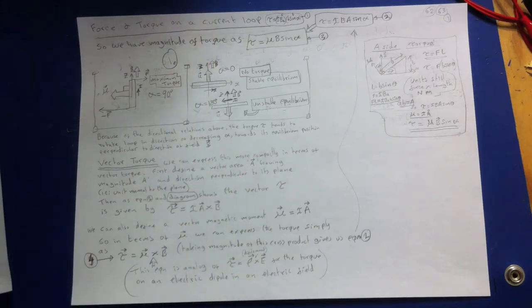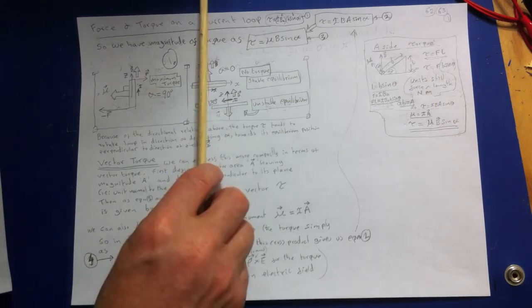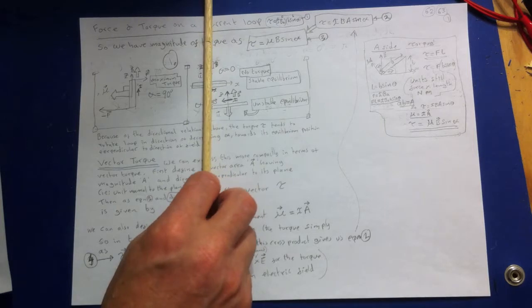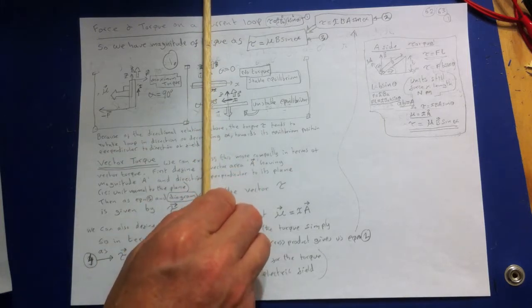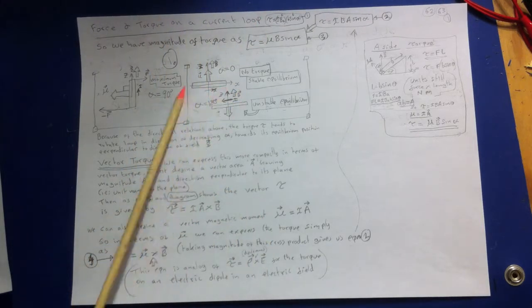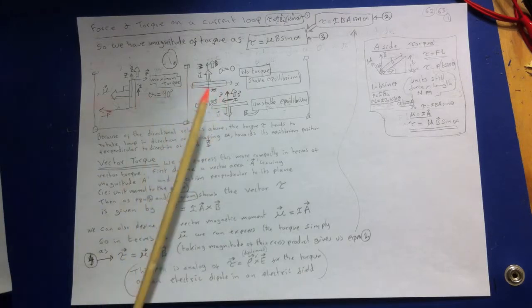I'll just repeat that: the torque tends to rotate the loop in the direction of decreasing alpha, towards its equilibrium position perpendicular to the direction of magnetic field B. Basically, it will try to get to that position where the torque is effectively zero, because the forces are in the same lines of action that way and that way.